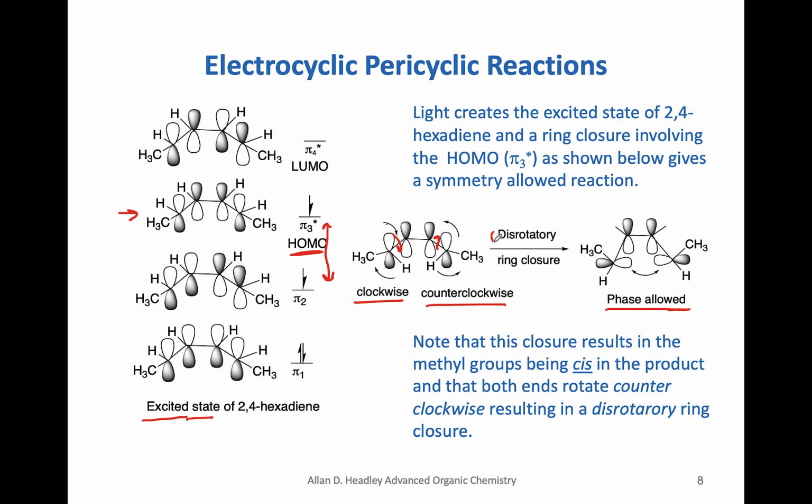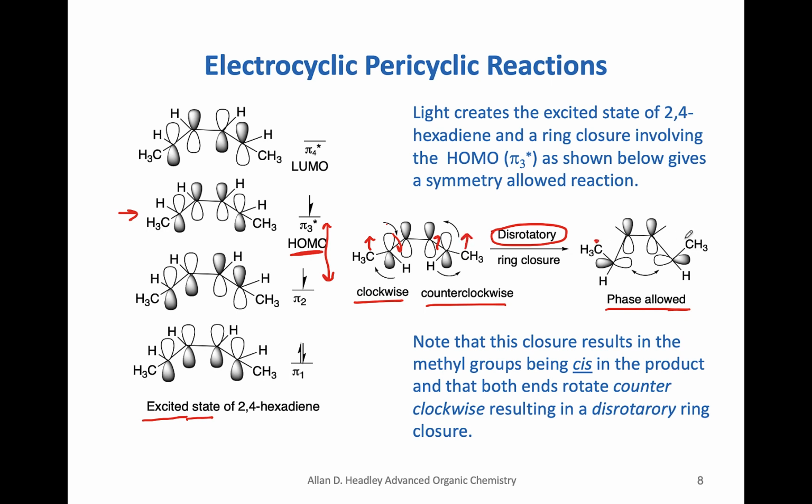This type of rotation is called a disrotatory ring closure. As you can see here, the same molecule, the same reactant. What happens here is that this rotation will bring this up and this rotation will bring this up.